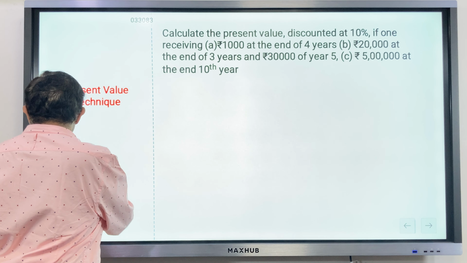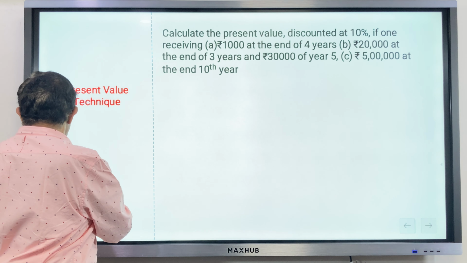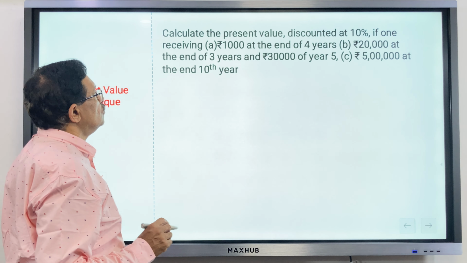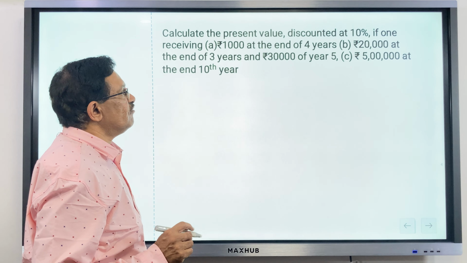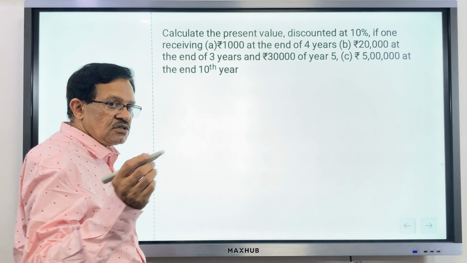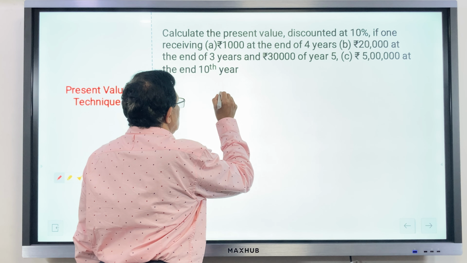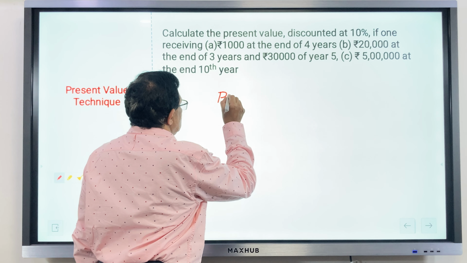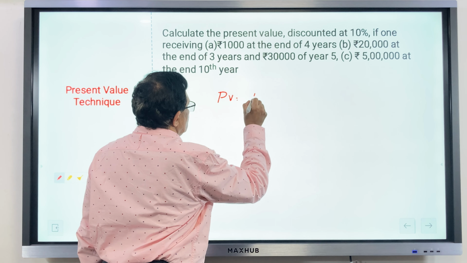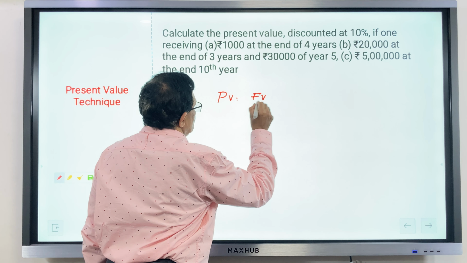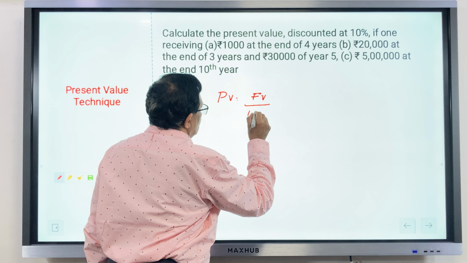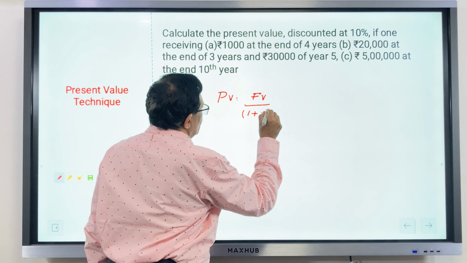We have understood that the present value can be found out with a formula which I have discussed in the last class, as the present value is equivalent to the future value divided by 1 plus I whole over n.